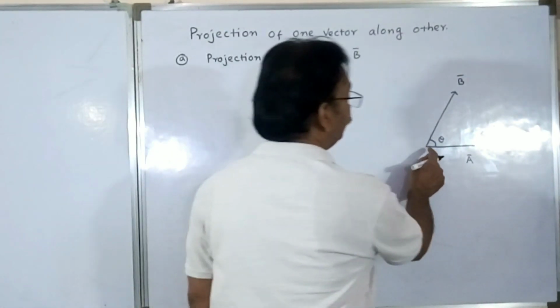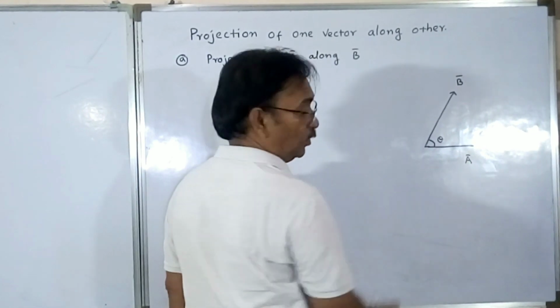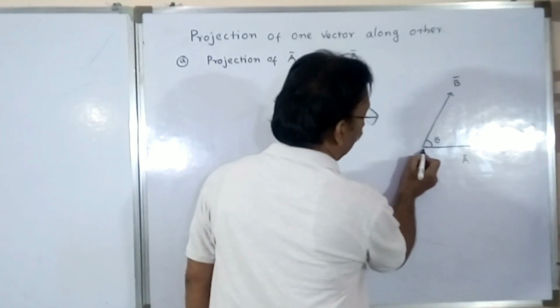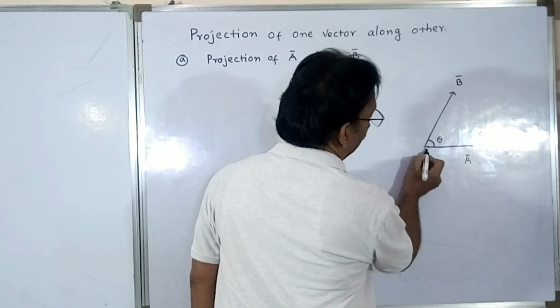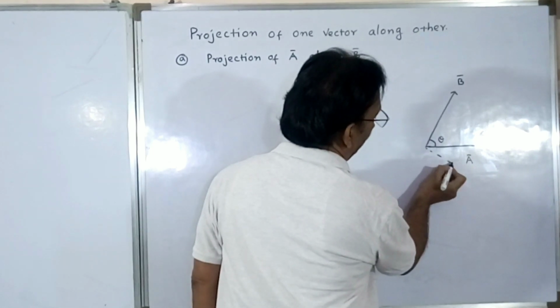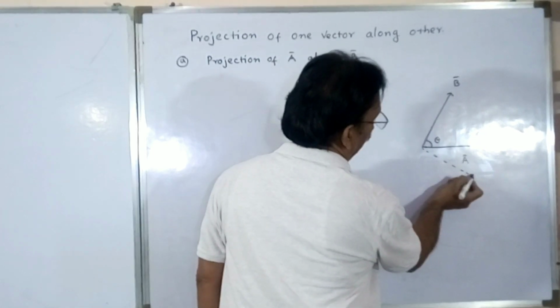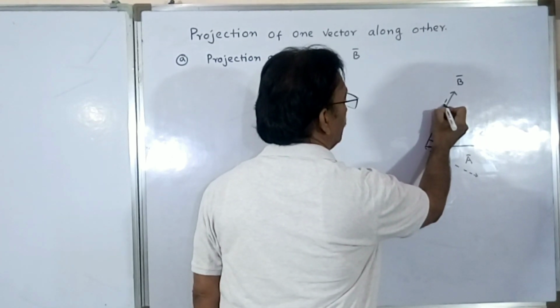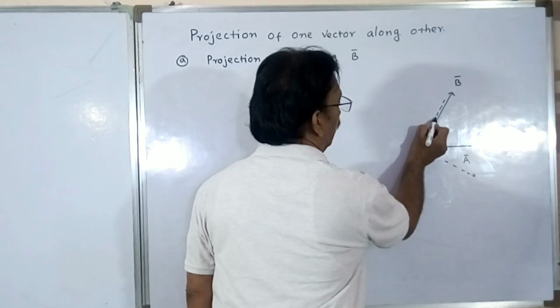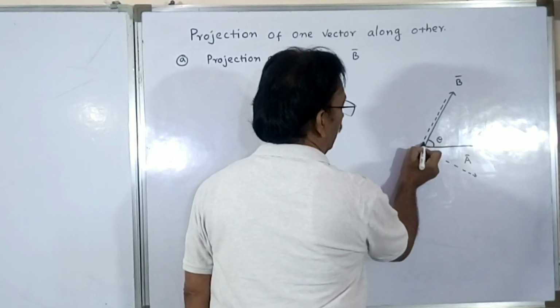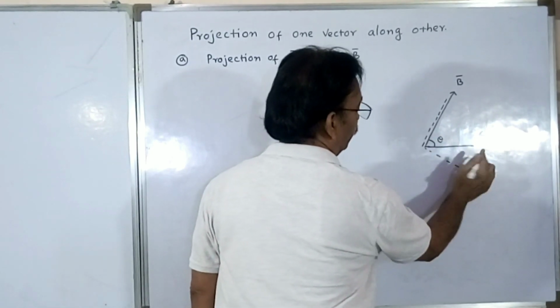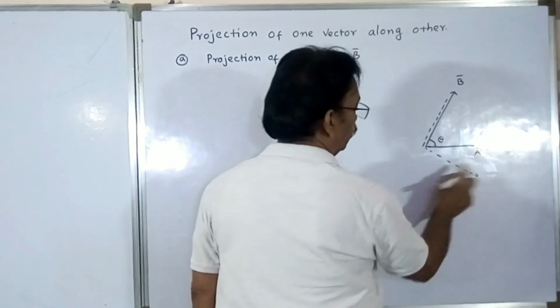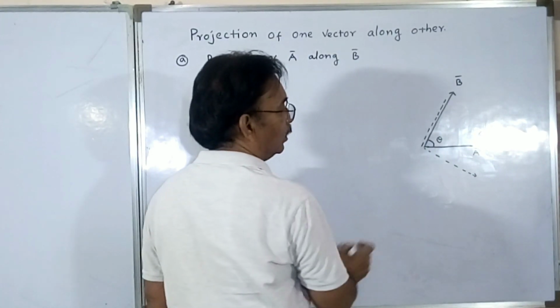It is very simple. See this, we are resolving this vector into two perpendicular components. We are resolving vector A bar into two rectangular components.